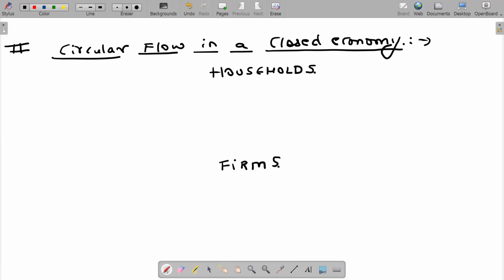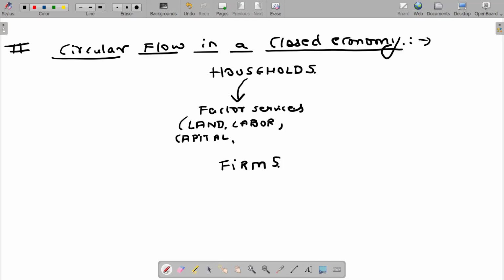What do households do? Households provide factor services, which are land, labor, capital, and entrepreneurship skills.